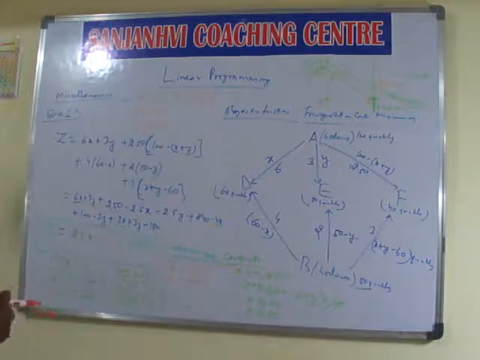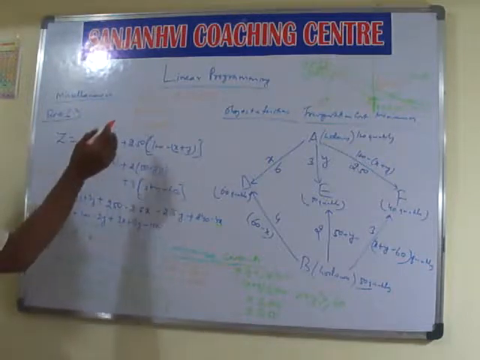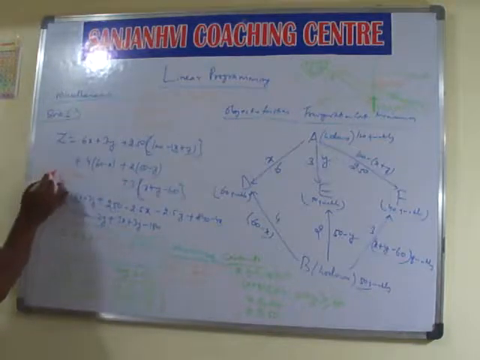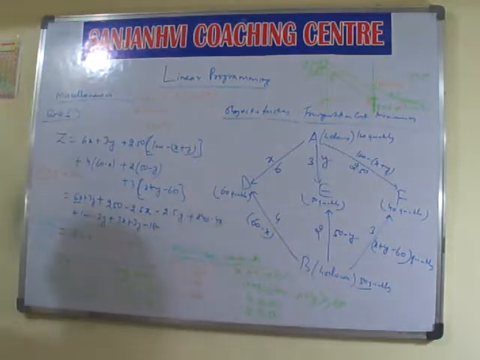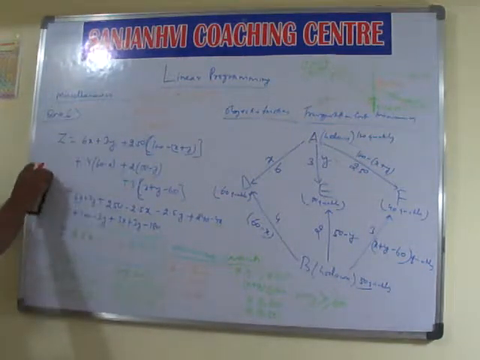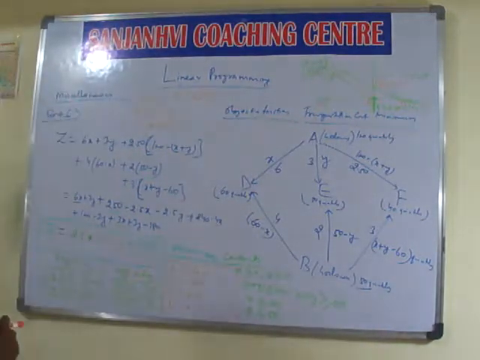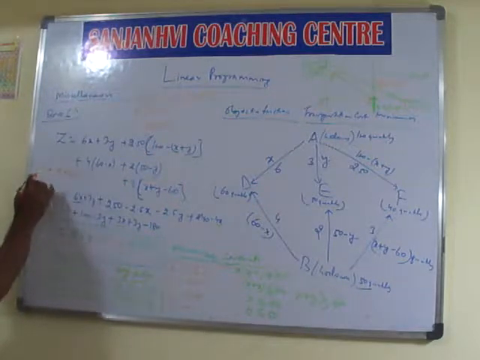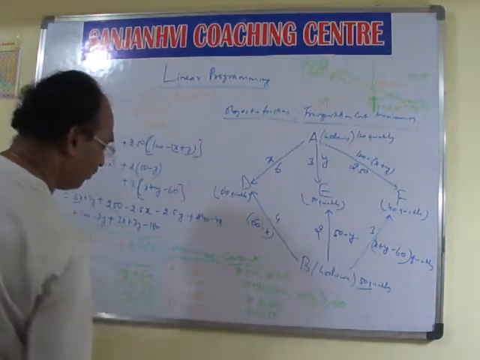Now for C, 50-50 is there. So 2.5 into 50 is 125, plus 1.5 into 50 is 75, and plus 410. So 125 plus 75 is 200, so 610. For D, 10 and 50: 25 plus 75 is 100, plus 410, so 510.